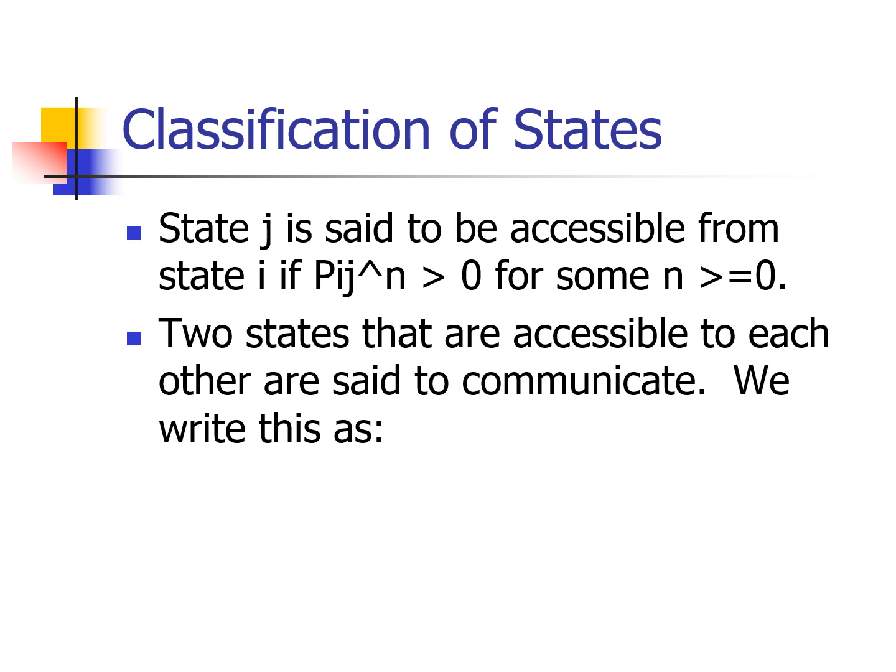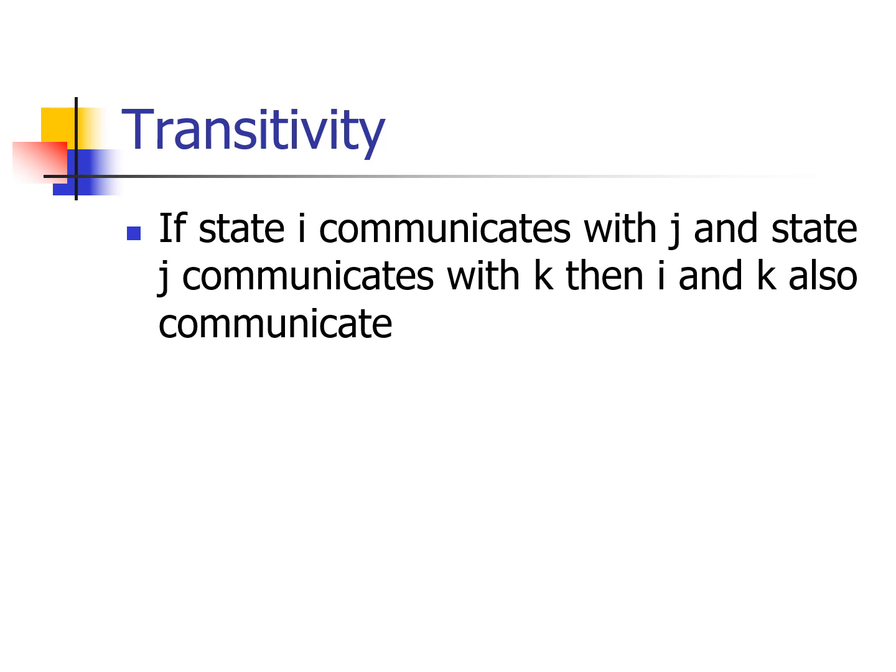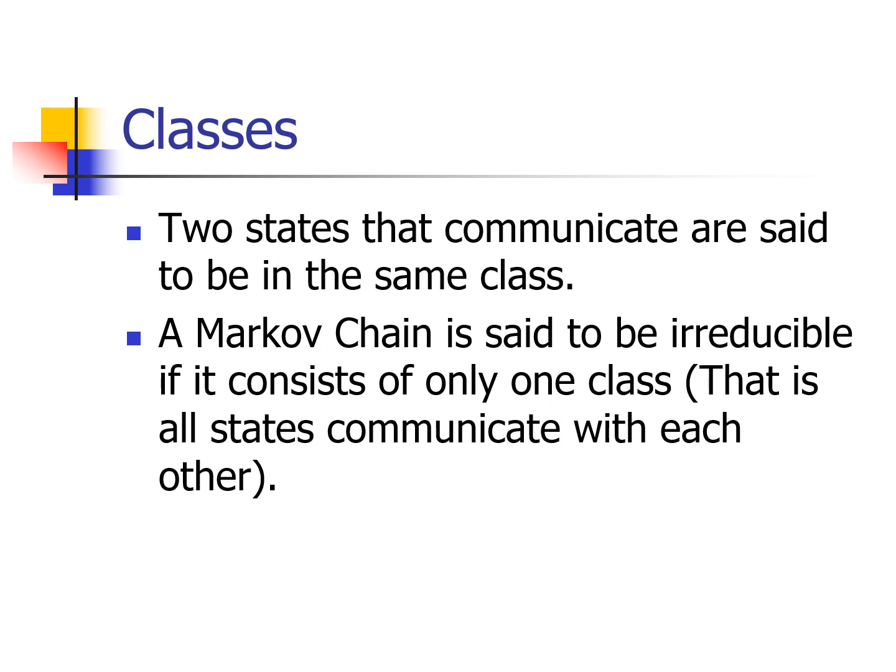And if 2 states are accessible to each other, then we say they communicate. That has a transitivity property associated with it, which should be intuitive. If i communicates with j and j communicates with k, then i and k also communicate. Two states that communicate are said to be in the same class.